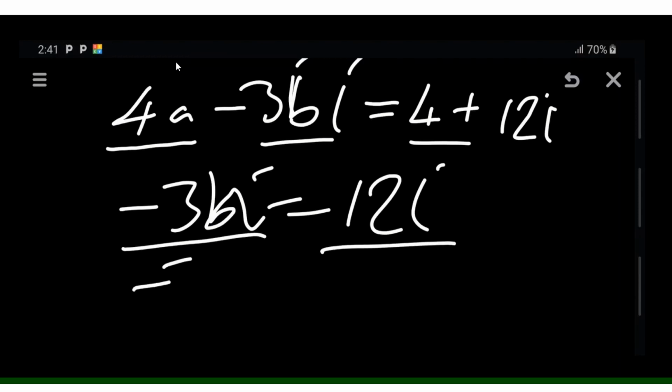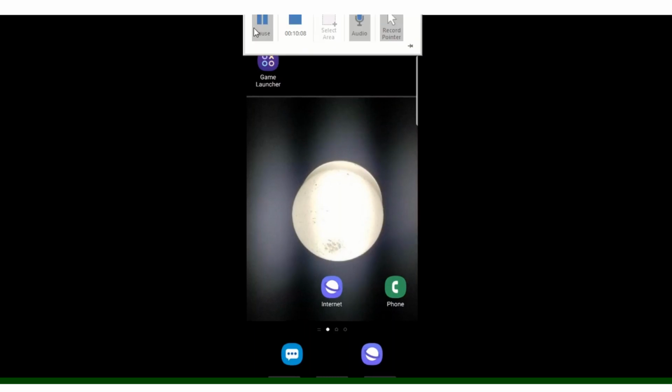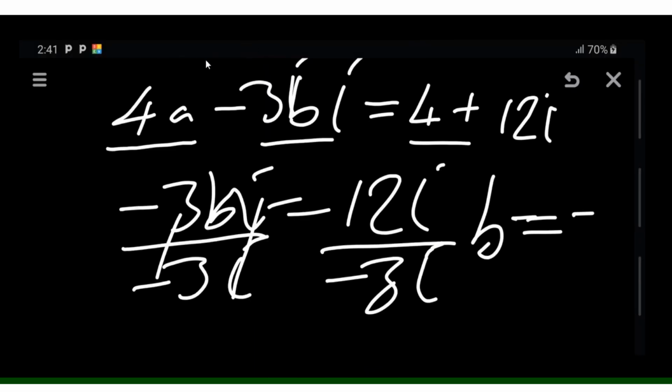So I will divide the same way. We divide both sides by negative 3i, so the i and i will go. I am having b equal to 12i divided by negative 3i, which is just negative 4.